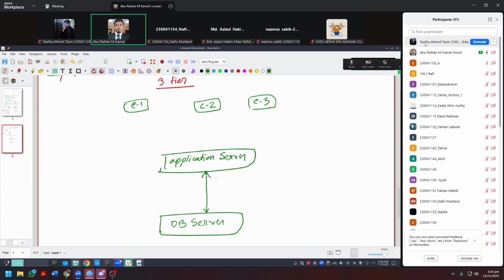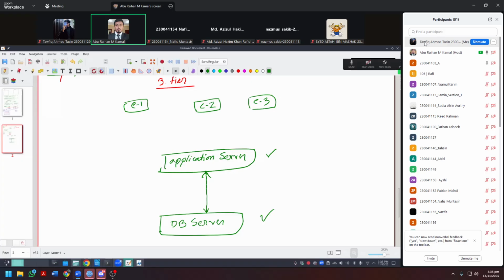There's no problem. Normally, they are two separate machines. In a real implementation, this is one machine, this is another machine. But for a small system, you can use one machine as well. But in a real deployment with a large number of users, we have two separate machines.